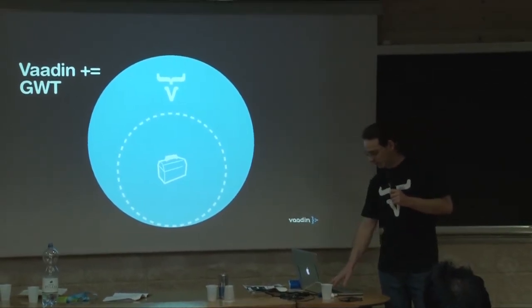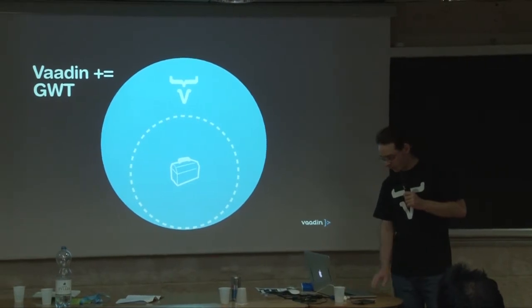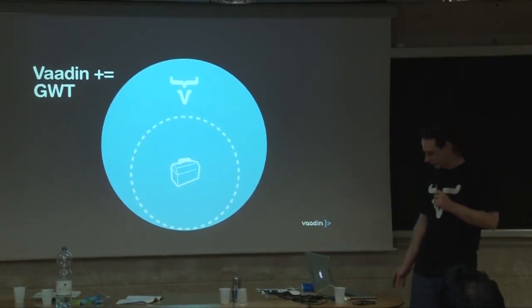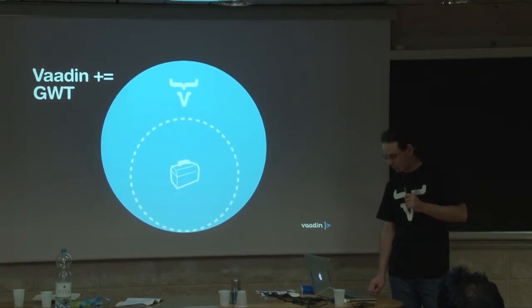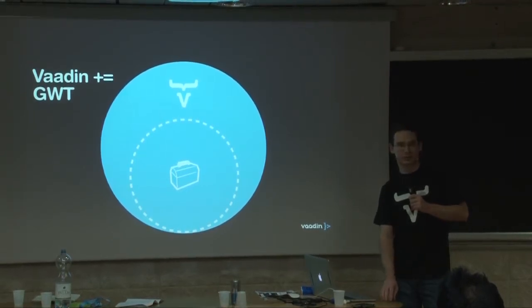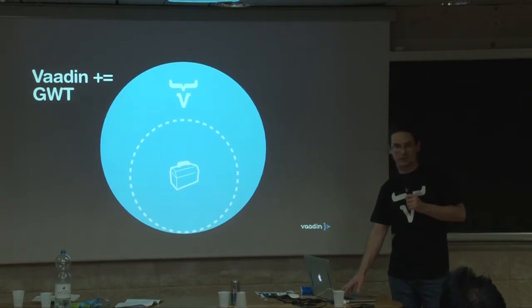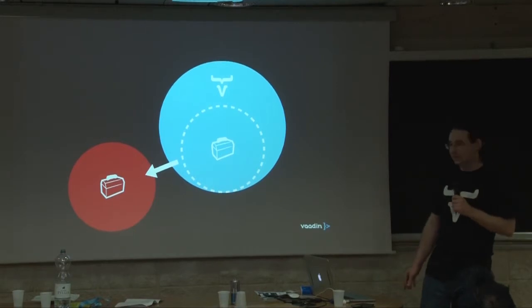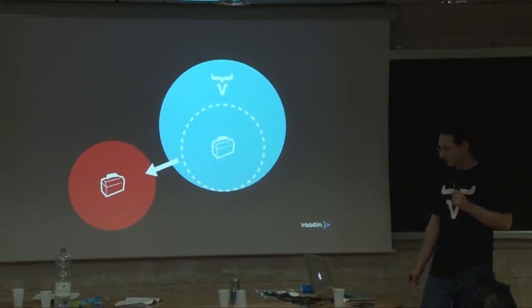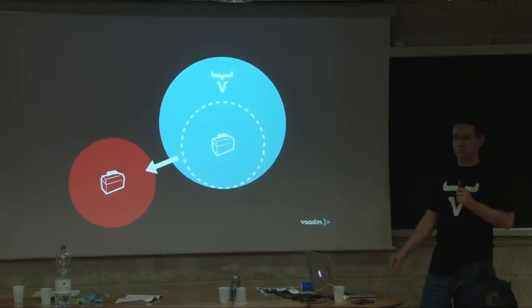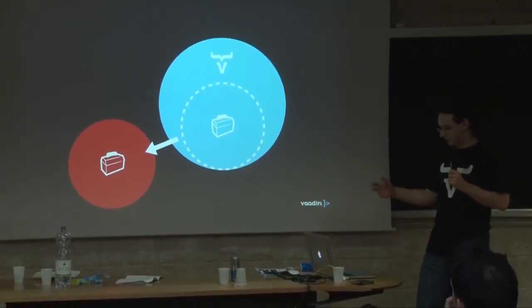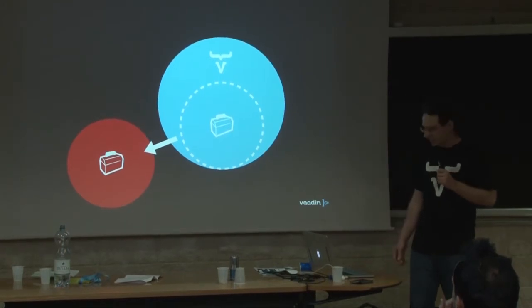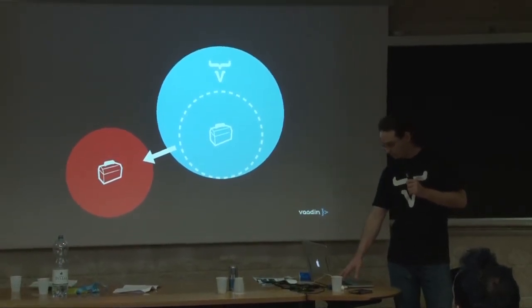So in that case, we can maintain stable releases of GWT without waiting for the GWT team to release their bug fixes. Vaadin is also a member of the GWT steering committee, so it also affects the way GWT is managed and implemented, but Vaadin also contributes back to GWT with patches and bug fixes and many different things.